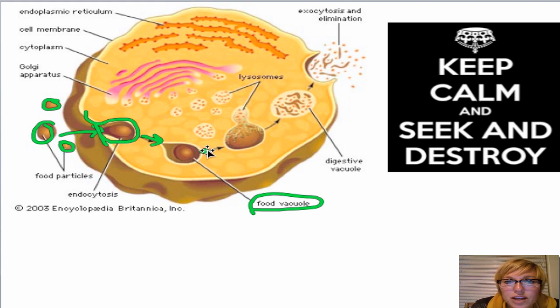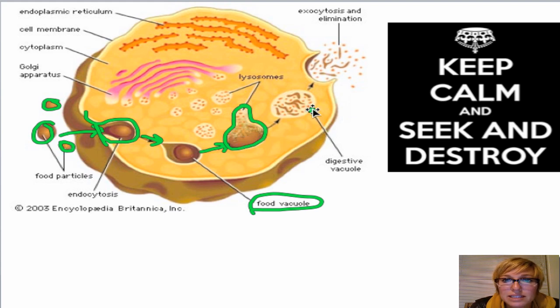So then the food vacuole will move through the cell, and the lysosome's like, oh, I must seek and destroy any big molecule. So the lysosome's like, oh my gosh, there's a big molecule. The lysosome fuses, basically its membrane becomes part of this food vacuole membrane. It fuses to it and it releases these digestive enzymes to break down this big piece of food.